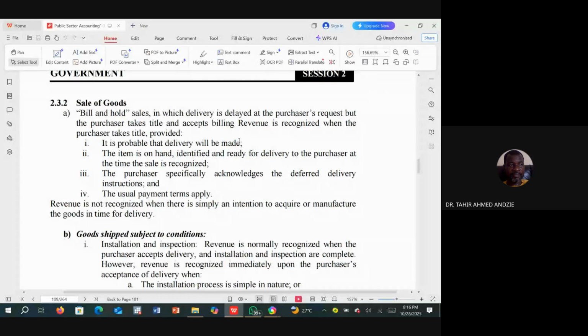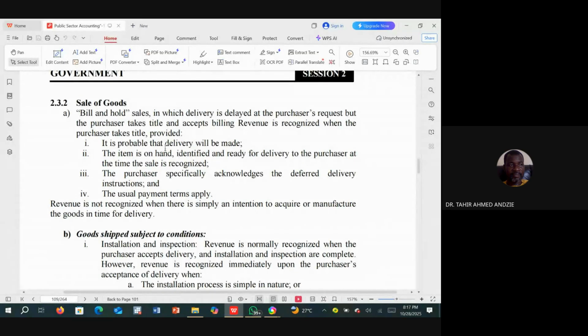So once the purchaser has accepted the billing and has taken title for the goods, but the delay of delivery is from his point of view, we will recognize revenue when it is probable that we will be able to make the delivery.